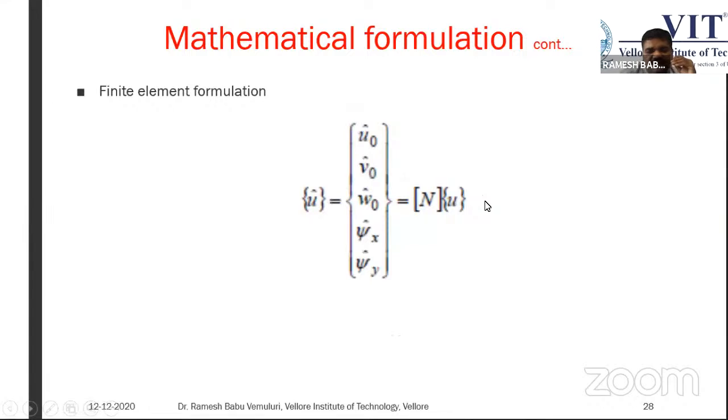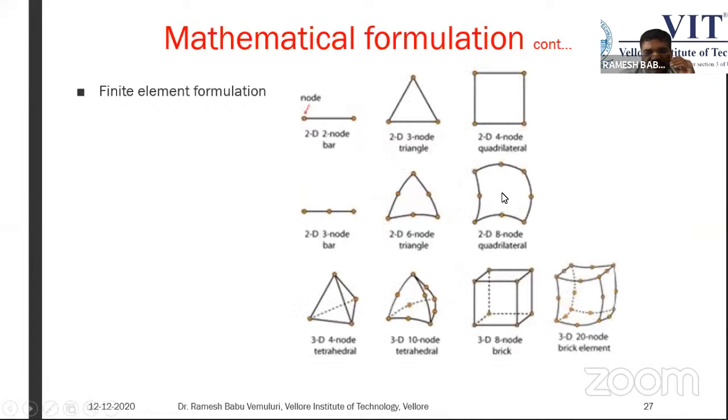So then, if you consider one node at the midpoint, it will become nine-noded. And here you can see a three-dimensional, four-noded tetrahedral element, 10-node tetrahedral element, three-dimensional, eight-noded brick, three-dimensional, 20-node brick element.